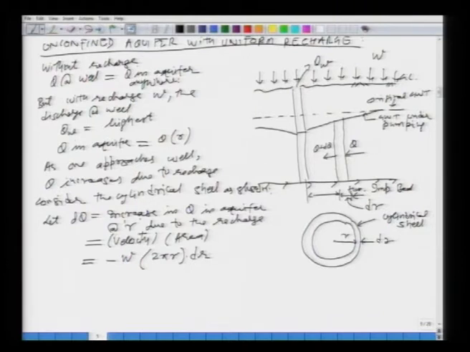So, this is the change, and as we are going away from the well, or as r is increasing, Q will be decreasing, or this dQ will be decreasing. That is why we have taken this negative sign.